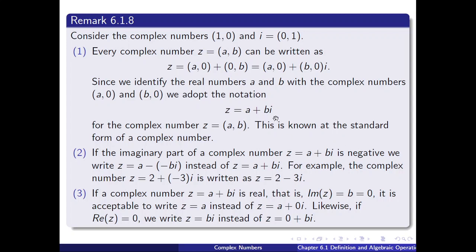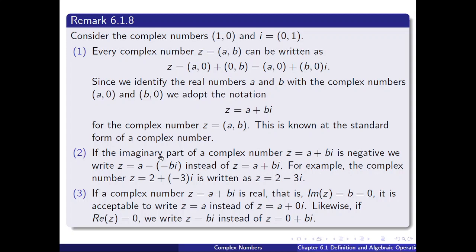So this is what we are used to, but it really comes from this fact, right? And if the imaginary part of a complex number z, which is equal to a plus bi, is negative, we write z equal to a minus bi instead of z equal to a plus bi.